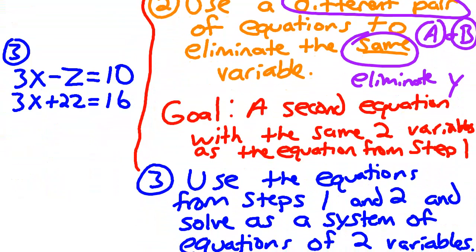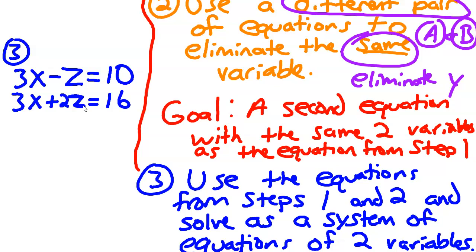I'm going to use the elimination method, but you are more than welcome to try to use the substitution method or graphing if you really wanted to. I think those would be more challenging. This type of problem, elimination method is often the most viable option.